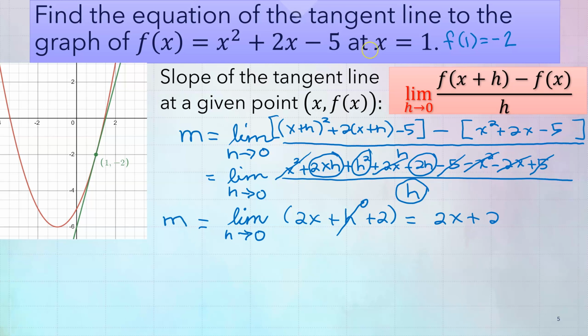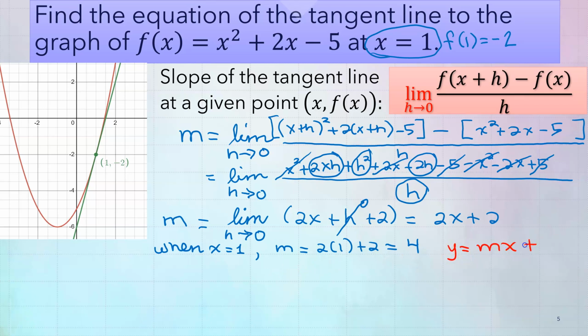Now, we are looking at when x is 1. So when x is 1, the slope at that point is 2 multiplied by 1 plus 2, which is 4. So we would now say, well, the equation of a line is y equals mx plus b.